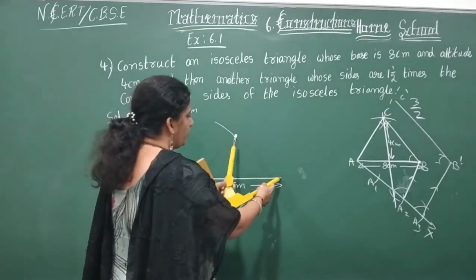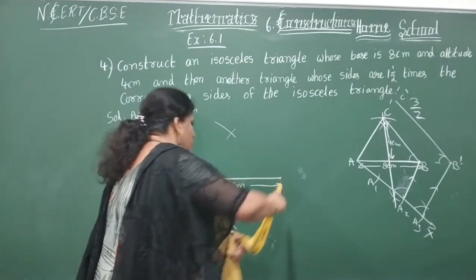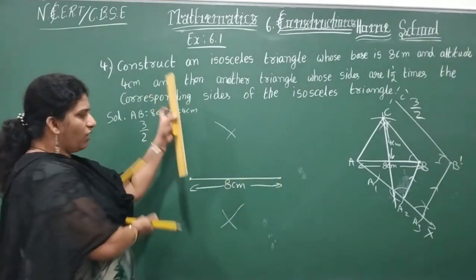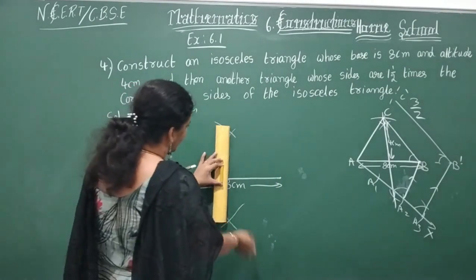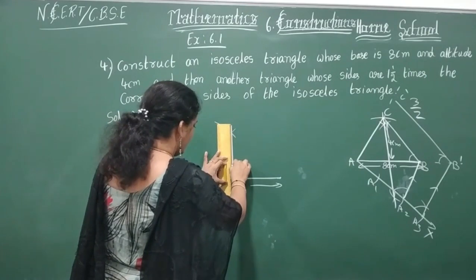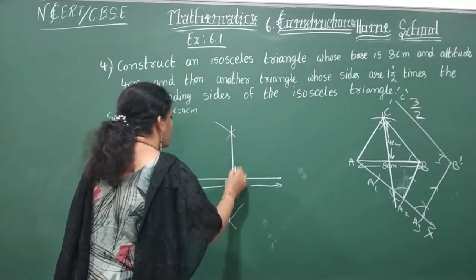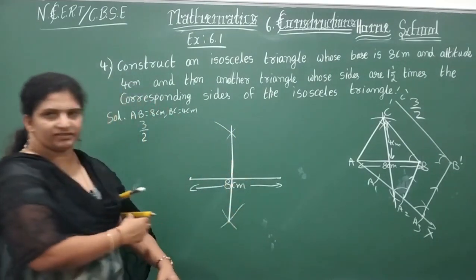Then now what happens with the same measurement? Cut these two. Okay. Now what happens? You are going to get a perpendicular bisector which divides a line exactly in half. So here this is a perpendicular bisector, children.